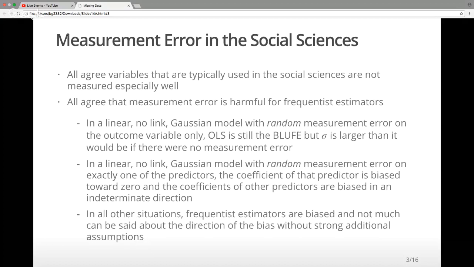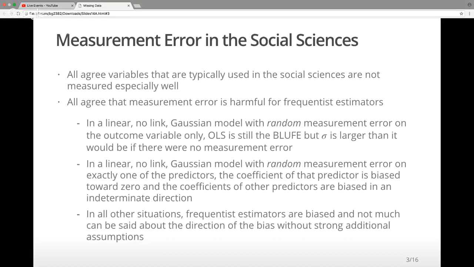We're not going to publish it, when that journal has for decades been publishing empirical results in the social sciences involving variables that were measured just as badly, if not worse, in the past than how we're doing it today.